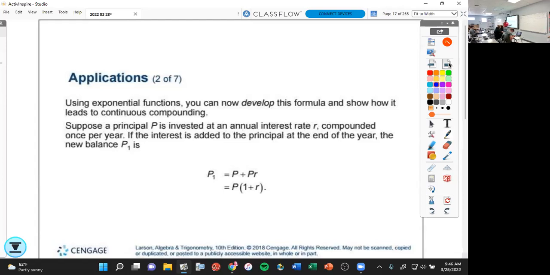I could factor a P out of that and get P times 1 plus r. That kind of makes sense because 1 guarantees you get your money back, plus means you're getting more than your money back. r is the interest rate. Y'all good with that? Let's expand this. P1 is after 1 year.